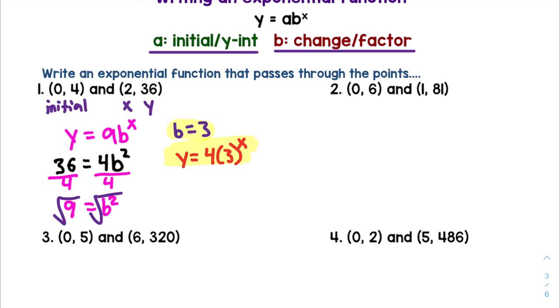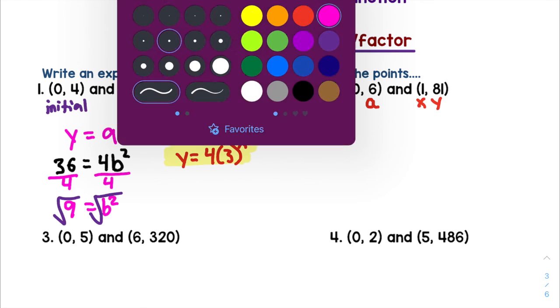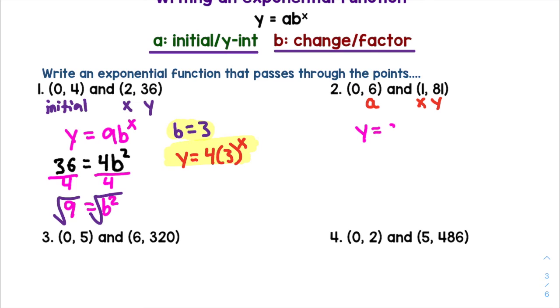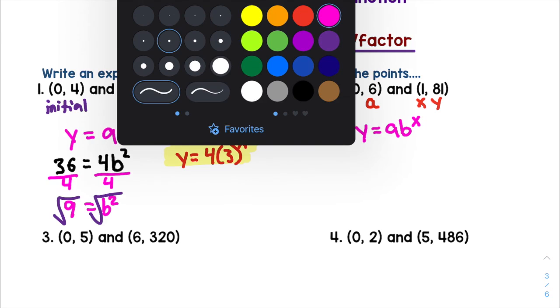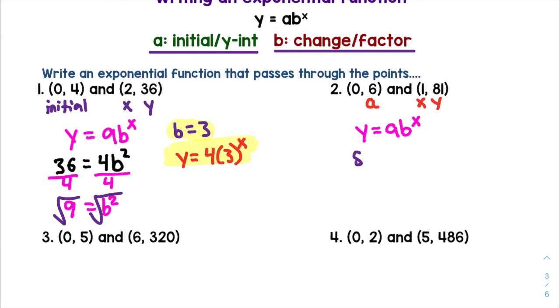Moving on to problem number 2. Again, they're giving us our initial value, so our 6 is going to be our a, and another ordered pair representing an x and y. We could use these to find the change or the exponential factor in y equals ab to the x, and then use it to write our exponential function. In this case, our y is 81, our initial is 6, we're looking for what b is, and the x value is 1.